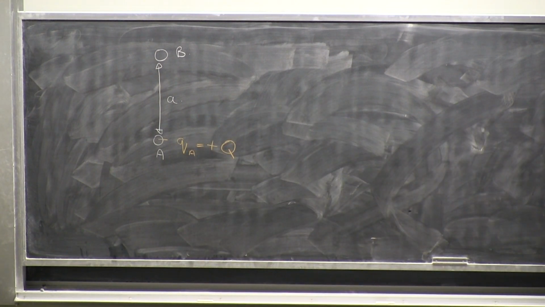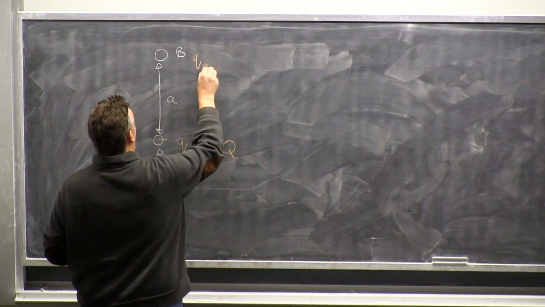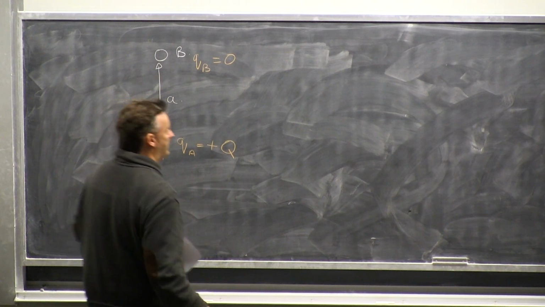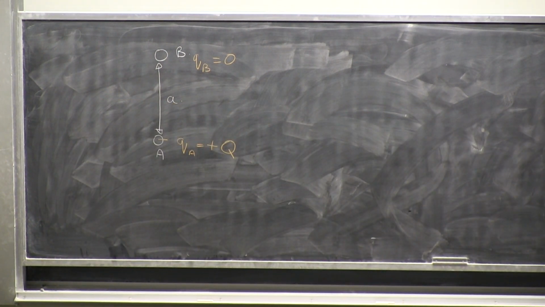So I've got a positive charge on this one, and Q on B initially is going to be 0. Okay, so I've got one charge and I've got another location, but I've not put any charge on there. So what's the force on B?